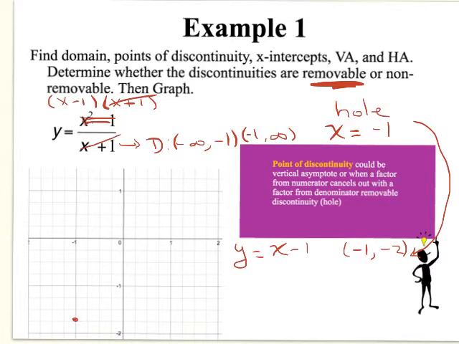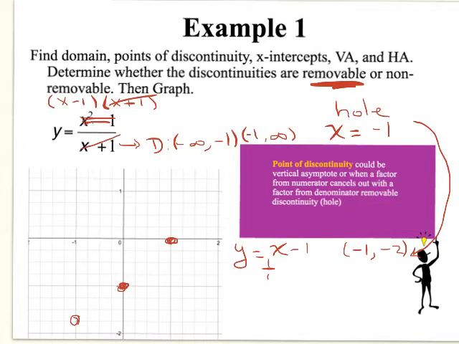And what that means is I'm going to draw an open circle. And then I'm going to graph the equation that we're so used to, y equals mx plus b, with a slope of 1. So I start with my y-intercept, and then I go up 1 over 1.